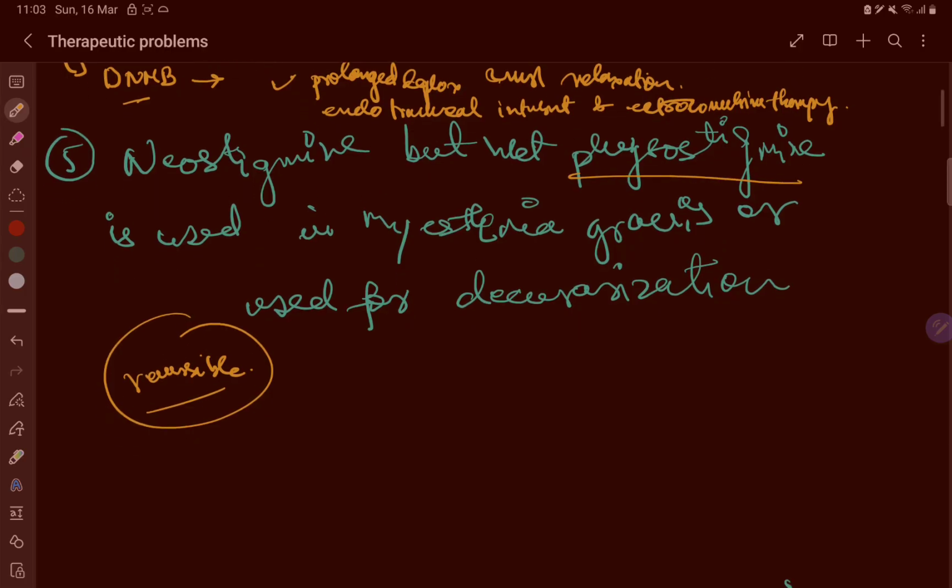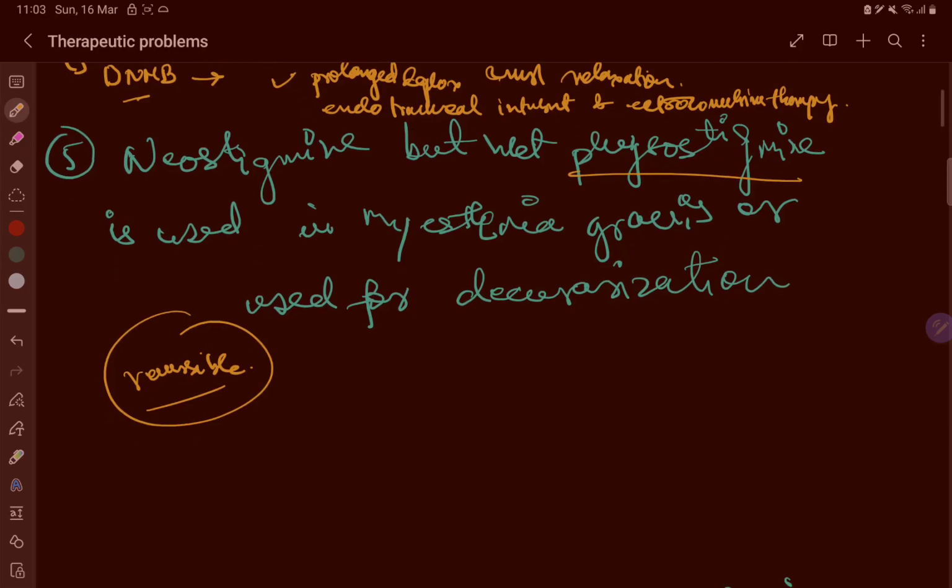The problem is that neostigmine is a quaternary ammonium compound, and physostigmine is a tertiary amine.